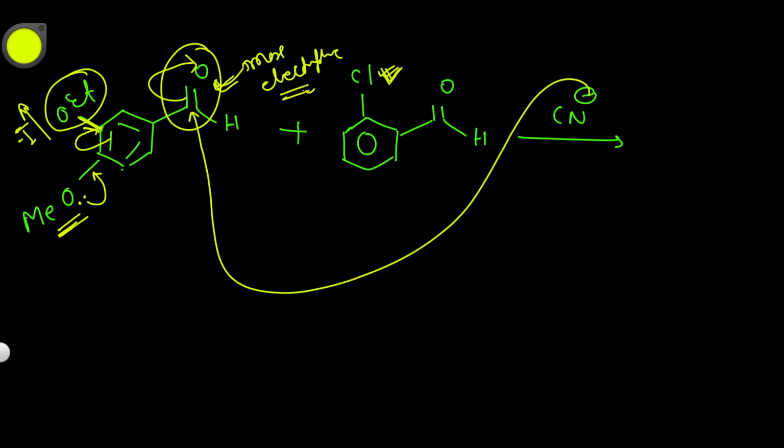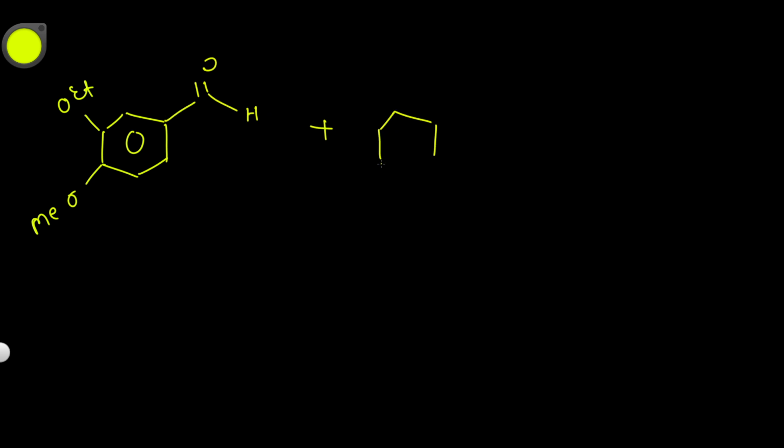right? More electrophilic. And that's why, what happened next, we have OAT, here is the OMe, here is the double bond OH, plus we have another substrate, we have Cl here, we have double bond OH.